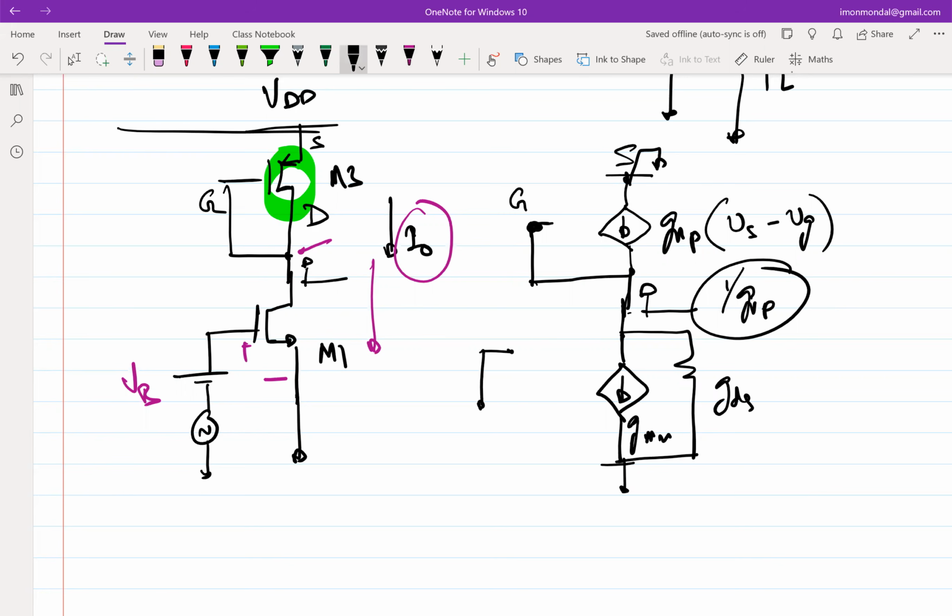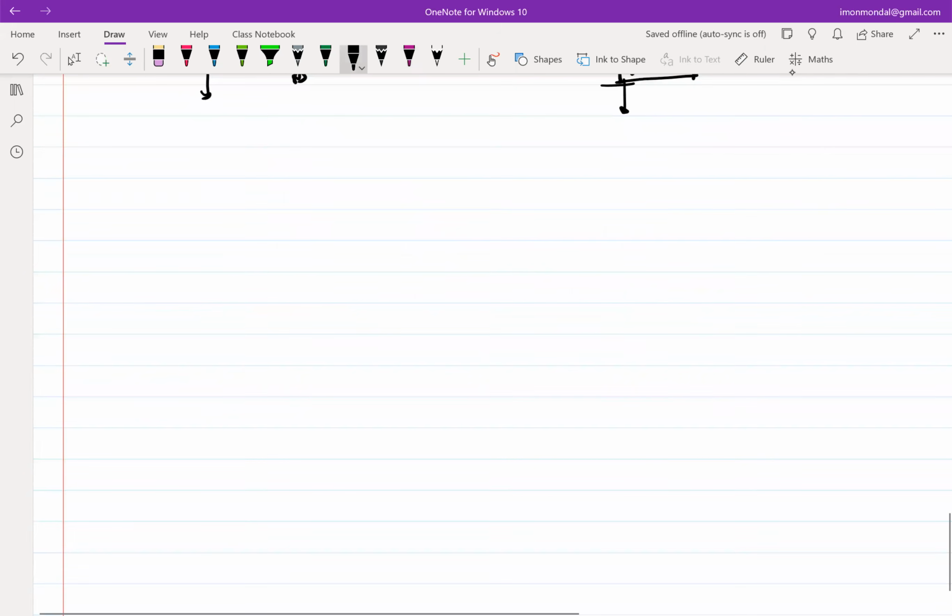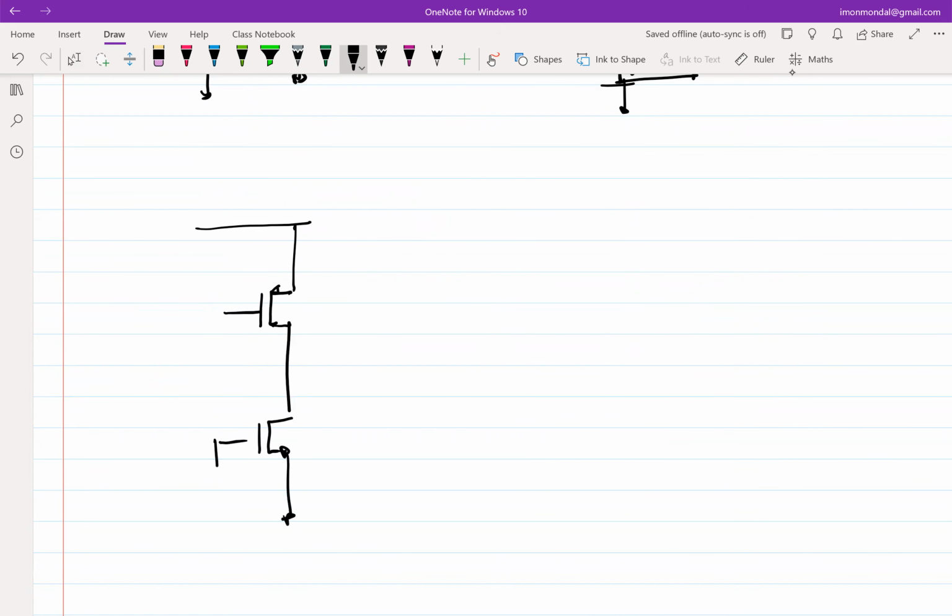So what else can work? I still want a current source equivalent to I0 here.